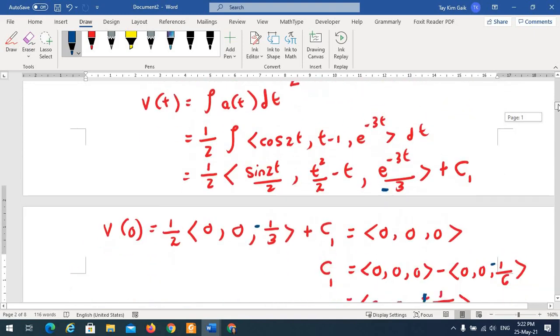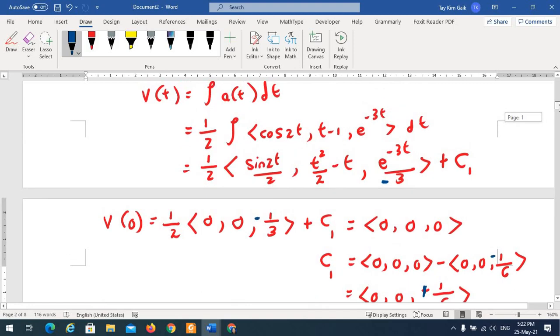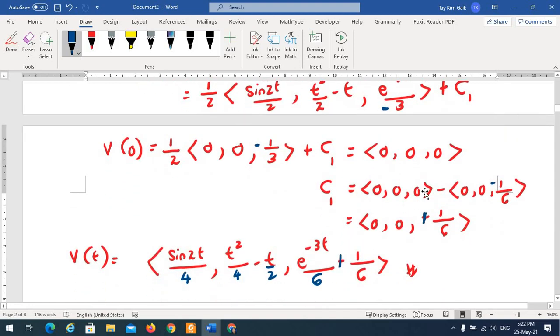See when I copied it down. Down here, half times negative 3 is negative 6, so v(t) has e to the negative 3t divided by negative 6.